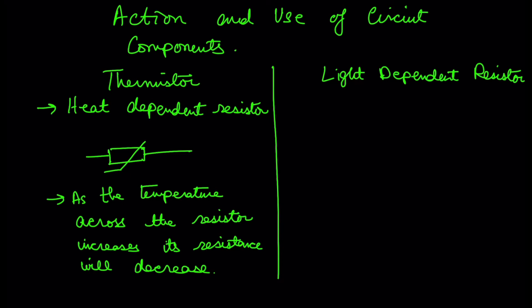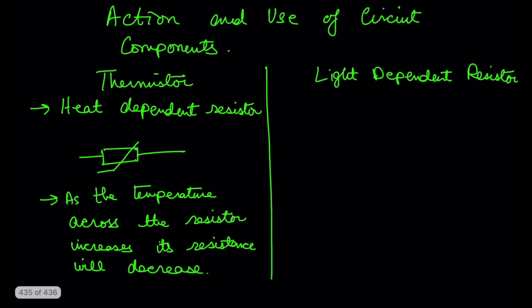Okay, now the other one, it's the light dependent resistor. So the symbol of such a resistor is like this. LDR, light dependent resistor. It's basically a light sensing or light controlled resistor.